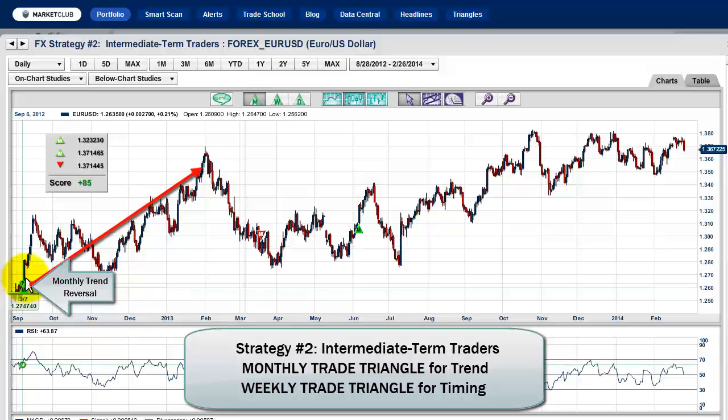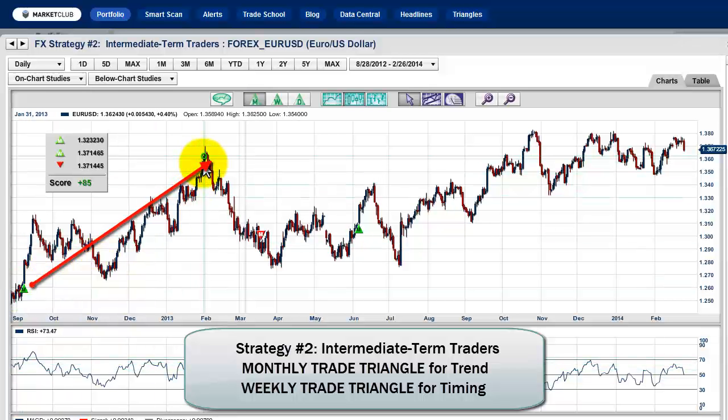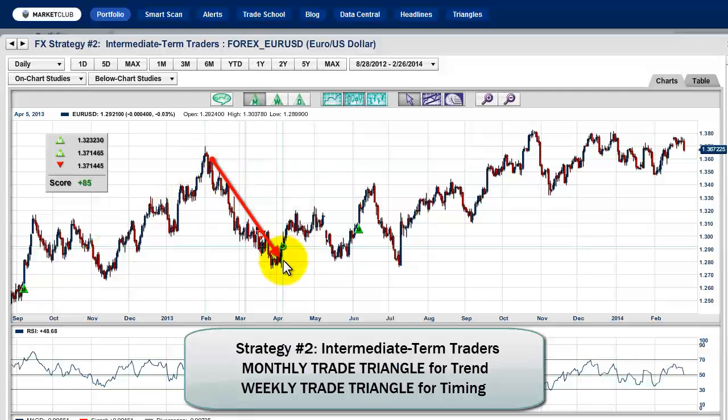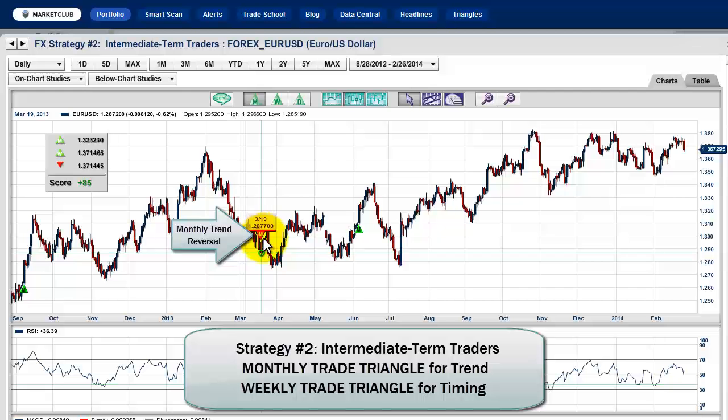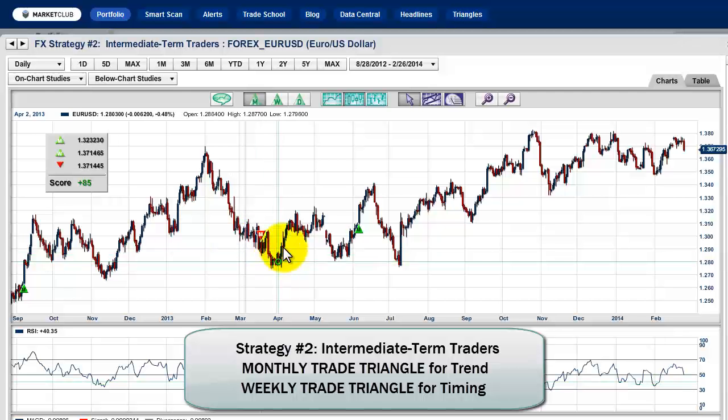So in this case, when the market goes up, it means the euro is going higher against the dollar, and conversely when it goes down it means the euro is going lower against the dollar. So as you can see, this is a pretty nice indicator. Then we had a sell signal, a reversal trend down. It lasted for a very brief period of time, and then we had a trend up, and of course that's lasted for quite some time because that signal was on June 6th of 2013.